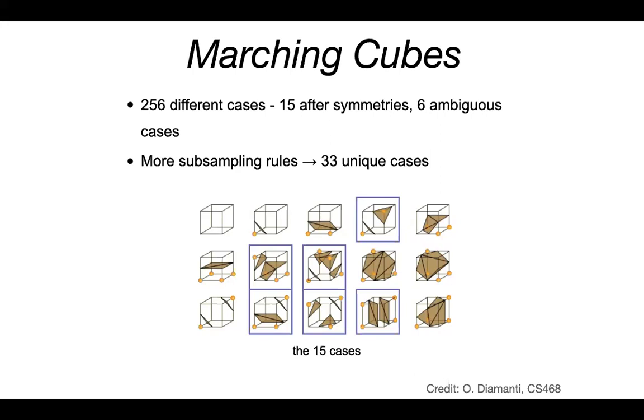But here, this sign is different from the other ones, so the surface passes here and has to cut these 3 edges, and you put a triangle here. And so on. If these 2 are inside and the others are outside, then you put a quadrilateral or 2 triangles, and things like this. It's very easy and very fast to do, because basically you classify the vertices, identify the case, and have a template to put in.